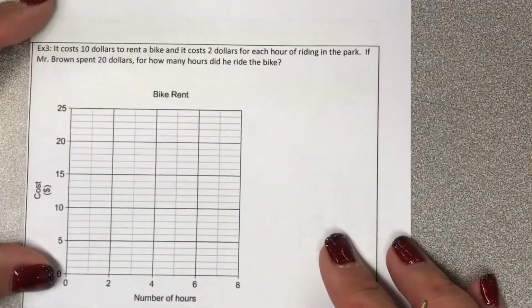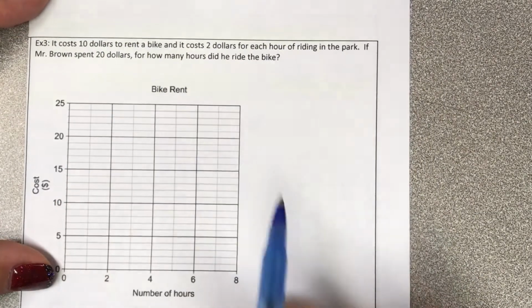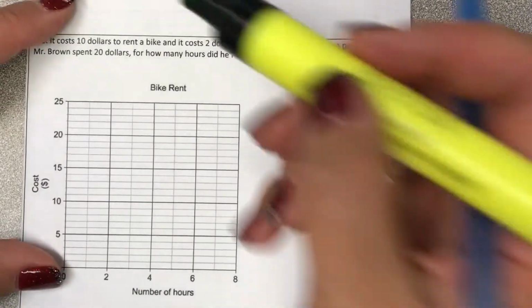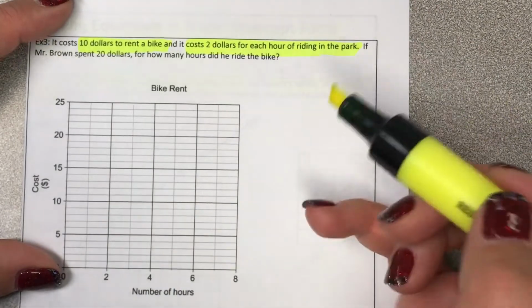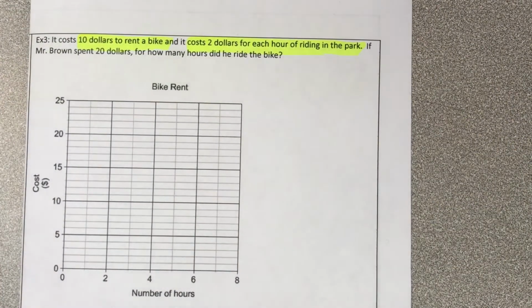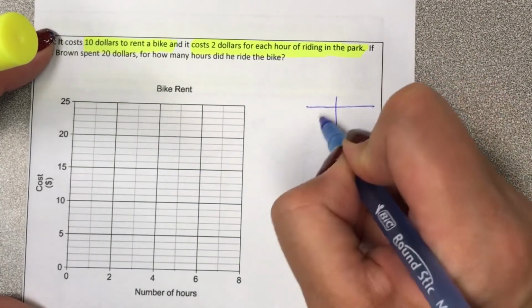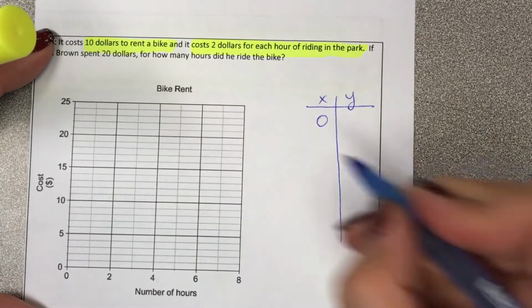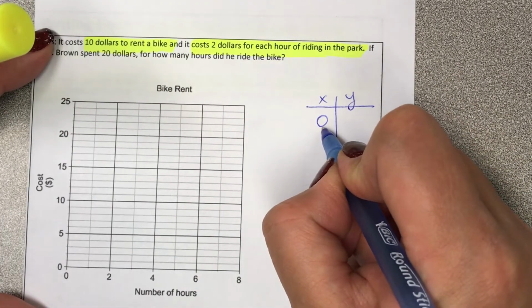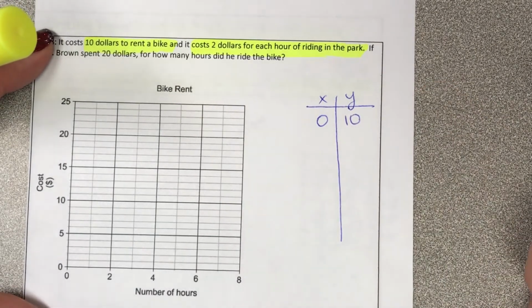Let's see another example. $10 to rent the bike. That's the deposit. And $2 for each hour of riding it in the park. As a chart, initial value for this situation, I am not going to write yet. I am just getting there. That would be 0 for x and $10 to just get the bike.